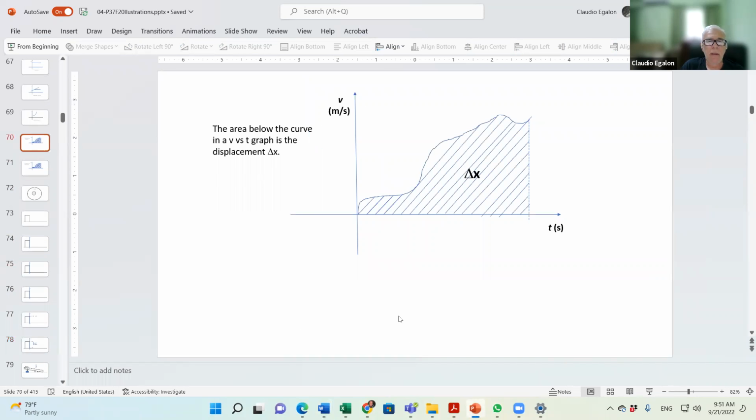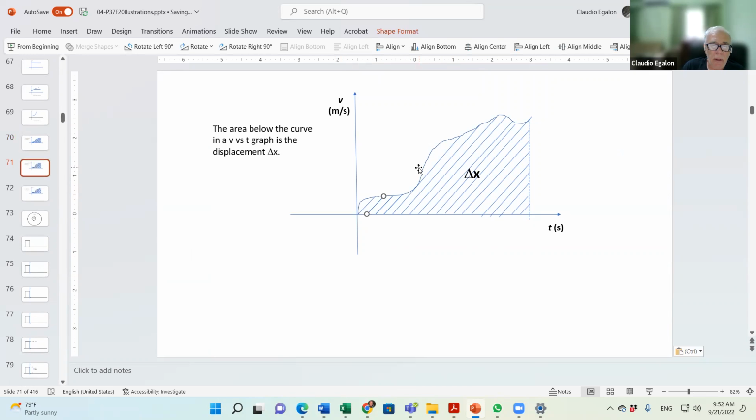This equation tells us that when we plot v against t, suppose you get this complicated type of velocity against time, okay? When you have a graph like that, the area below this curve is going to be the displacement, okay? Can you memorize that?